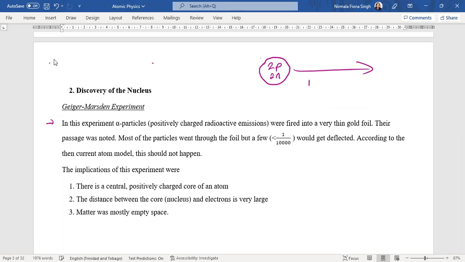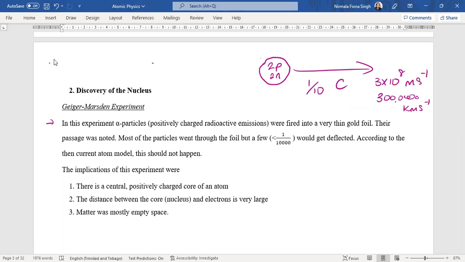I think it flies through space at 1/10 the speed of light. We have done speed of light. You all should know speed of light is 3 × 10⁸ meters per second, or 300,000 kilometers per second. That is how fast light travels, 300,000 kilometers in 1 second.